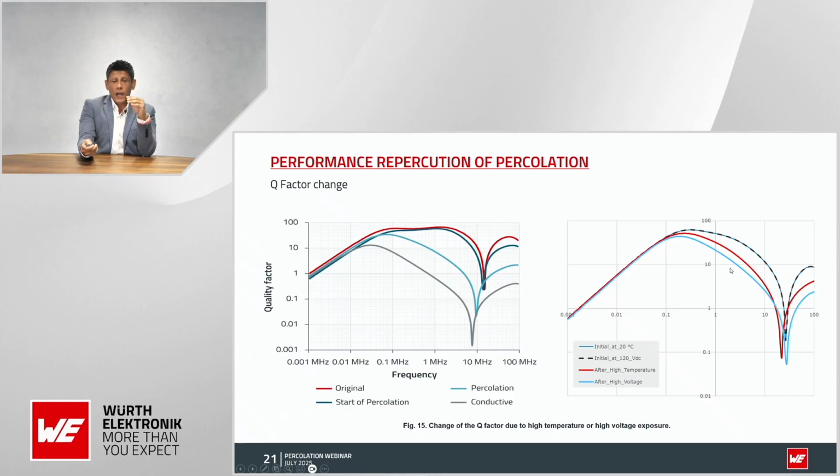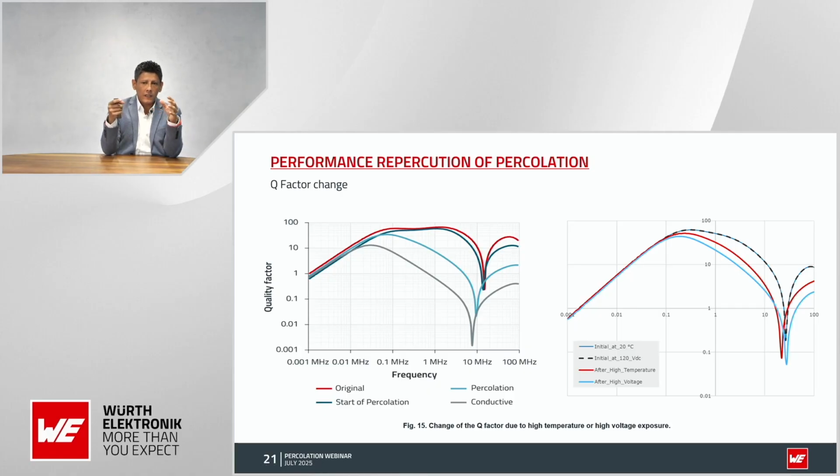On the other hand, I used the part at normal temperature range, and I increased the temperature to around 200 degrees. And we saw as well the beginning of percolation. The change of the shapes of the behavior is not the same. Why? For sure, the particles that are affected at the beginning are those closer to the terminals in the case of high voltage exposure, and the external particles in the case of temperature.